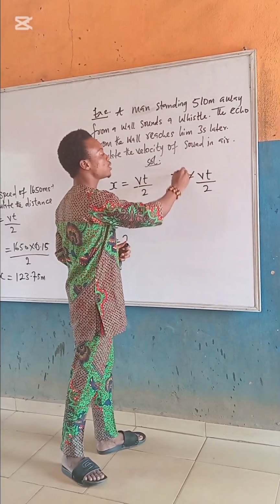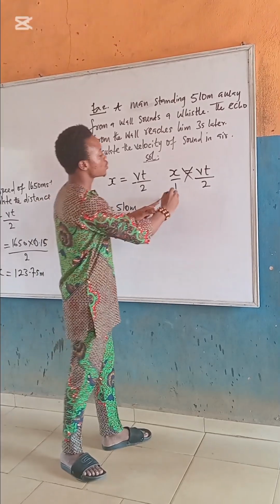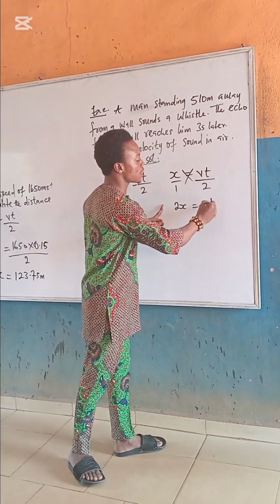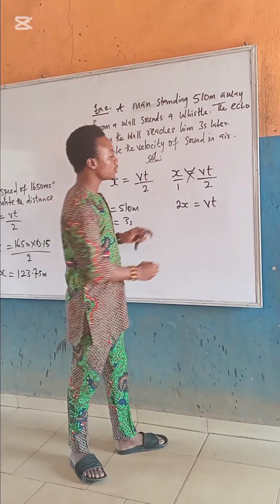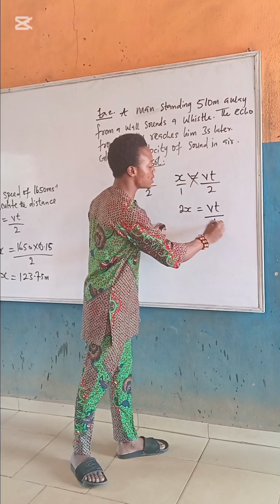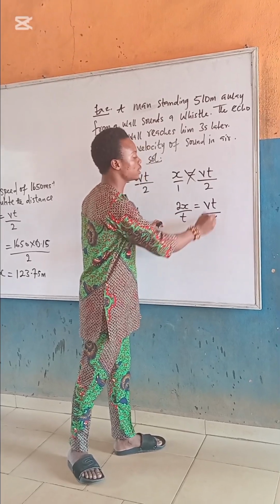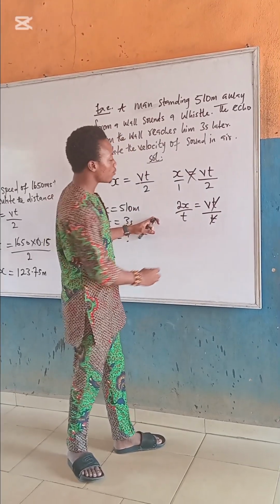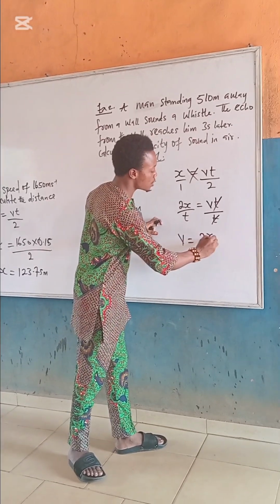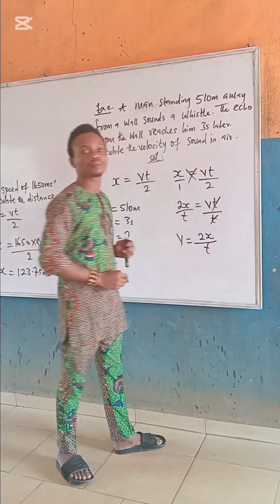Cross multiply, we will have that 2s is equal to vt. From here, we divide both sides by the coefficient of v, which is t. T cancels t. So we now have that v is equal to 2s all over t.